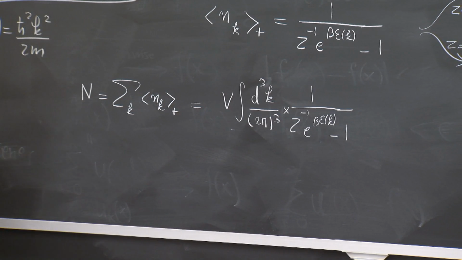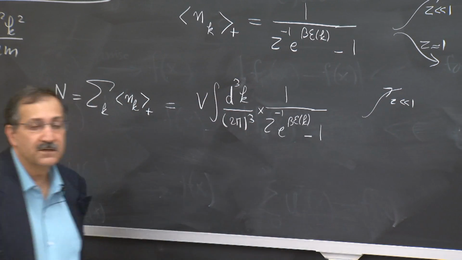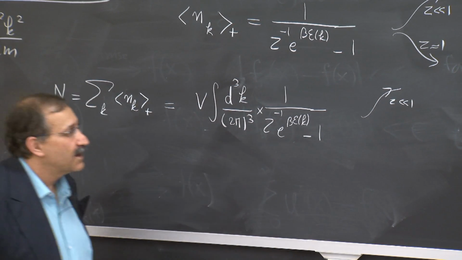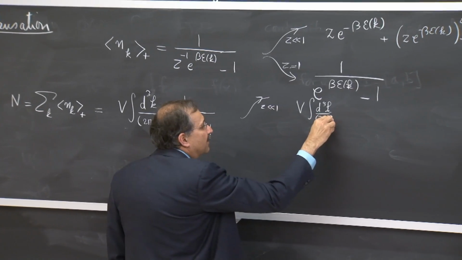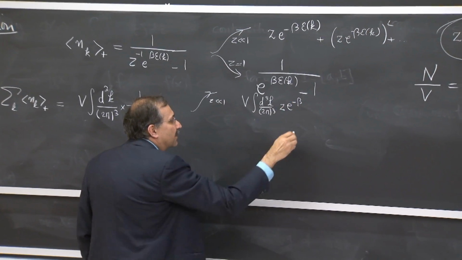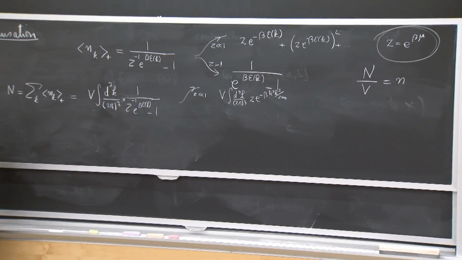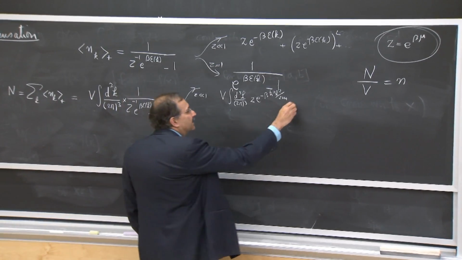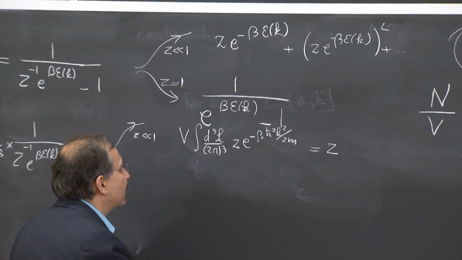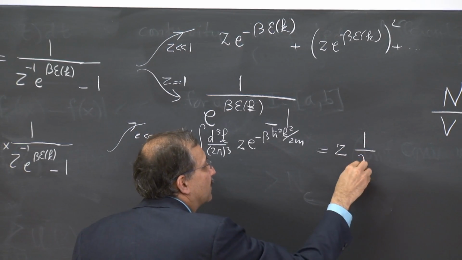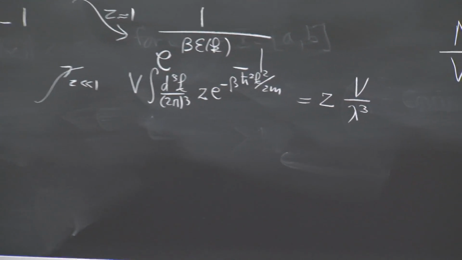Now, if I go, like I did in the line above, to the limit where z is much less than 1, then the integral that I have to do is simply the integral of z e to the minus beta epsilon k, with epsilon k equal to h bar squared k squared over 2m. We know what this is. This is simply, up to a factor of z, the integrals that have given me these factors of 1 over lambda cubed. Actually, there's the factor of V here, so it is V over lambda cubed.